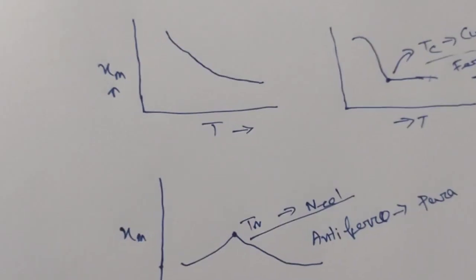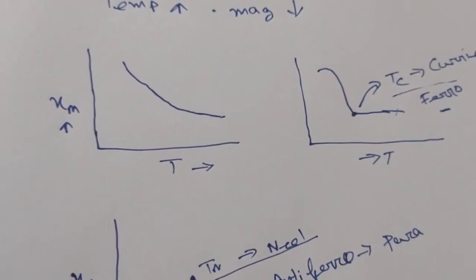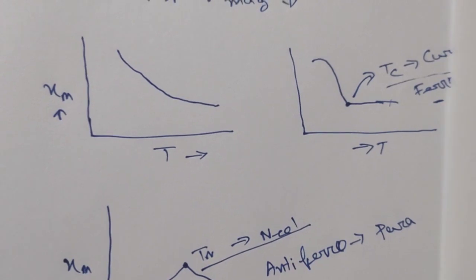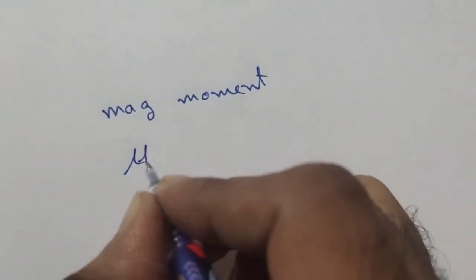Right. Now let's move to the other points which are more important from an exam point of view. The calculation of the magnetic moment, which we refer to as mu effective.